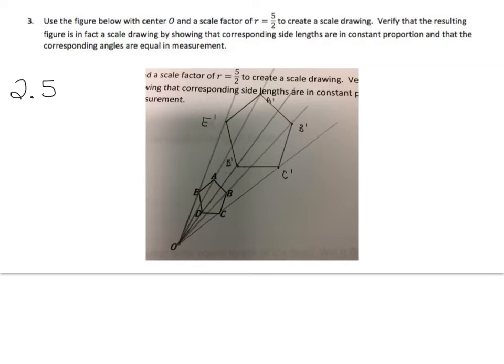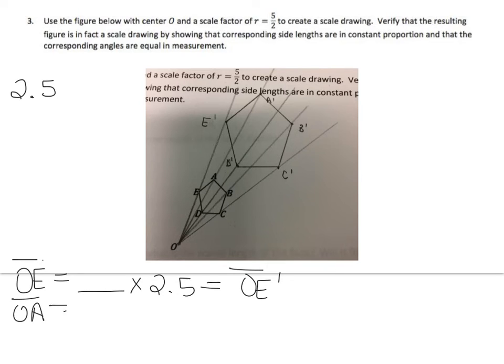Okay, to verify, we're basically saying that the length from O to E is given. I multiplied that by 2.5 and got my new measurement. I did that for all the same. Whatever I got times 2.5, that gave me my new measurement.